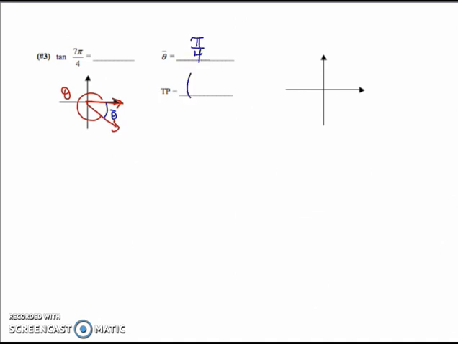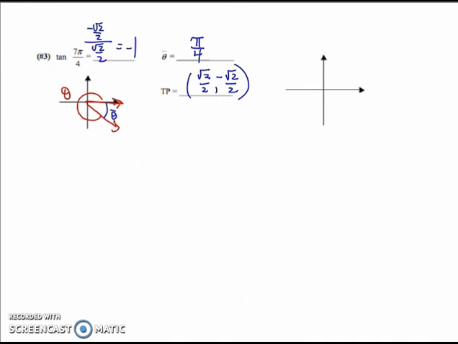And since we're in the fourth quadrant, we know that that terminal point is square root of 2 over 2, negative square root of 2 over 2. If we want the tangent, then we want y divided by x, or sine divided by cosine. So negative square root of 2 over 2 divided by positive square root of 2 over 2 is going to give us a tangent of negative 1.